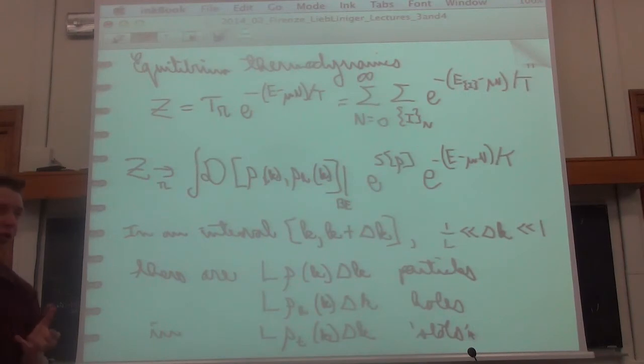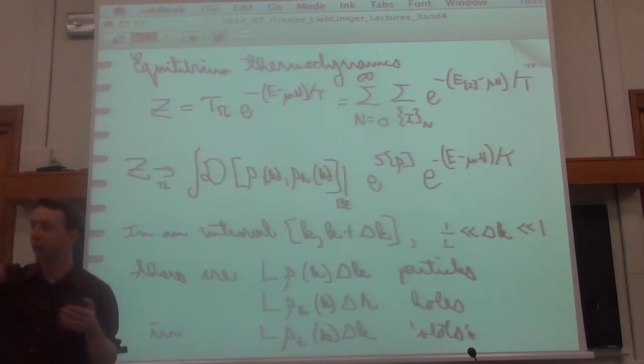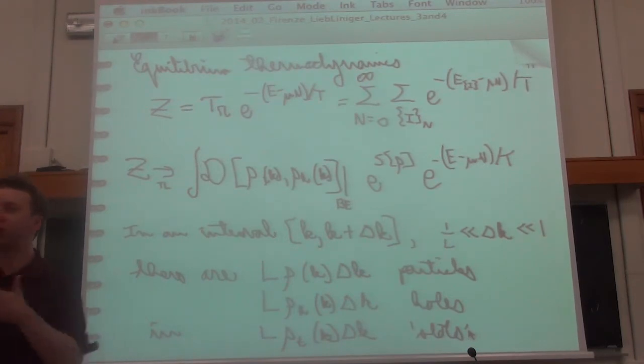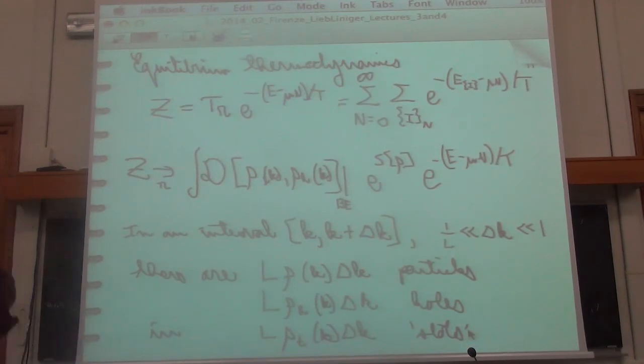Because they have an energy which in the thermodynamic limit is identical. They have a momentum which is identical. They have a particle number which is identical. They have all conserved charges, and you can measure up to a number which is less than system size, a few 10,000, the higher charge will have an identical eigenvalue. So you cannot distinguish them in the equilibrium properties of the system. So you pack them together.